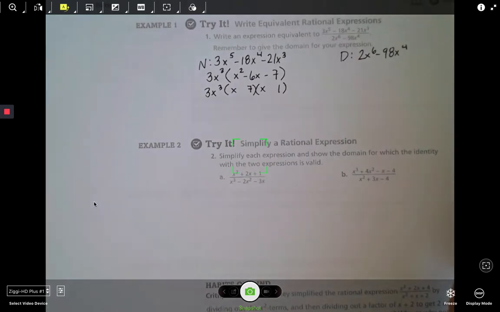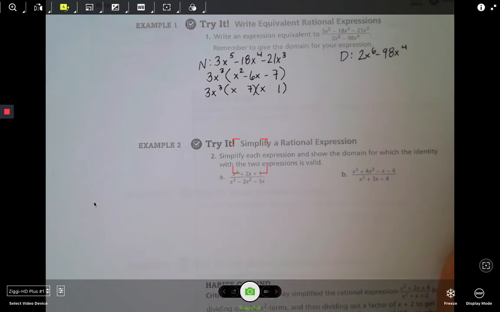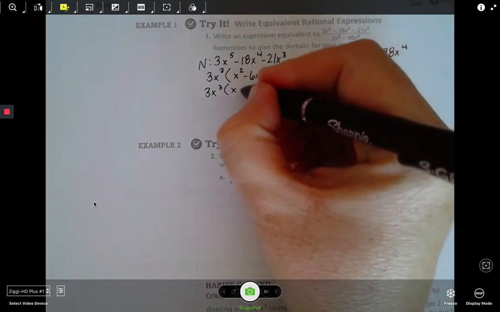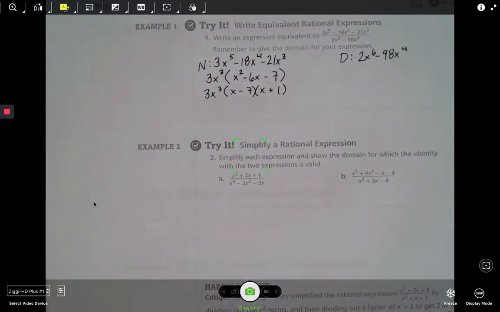But how could I write these signs so that added together they were negative 6? Any idea? It would be minus 7 plus 1. So now we have factored this numerator.